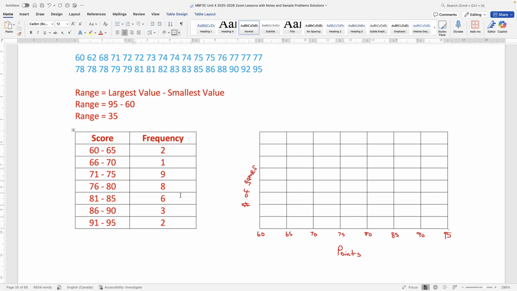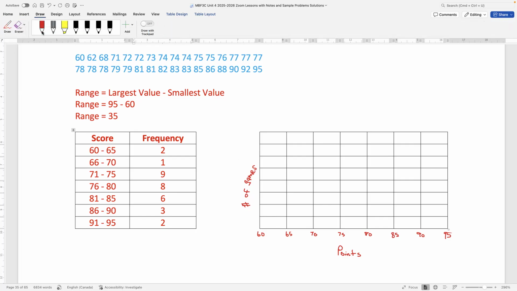So we are going to have to label this, the number of games, so I have to come back over here. The most is 9, so 1, 2, 3, 4, 5, 6, 7, 8.